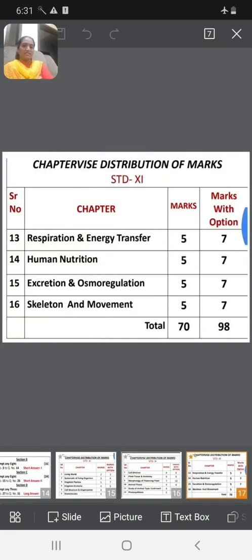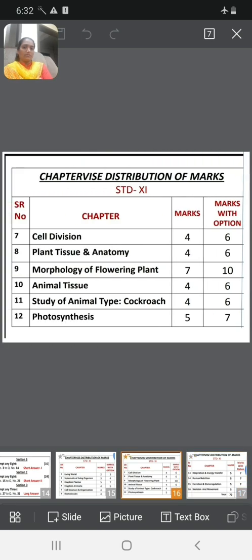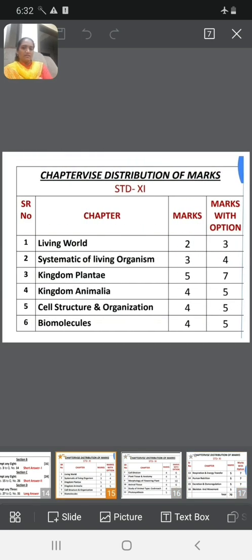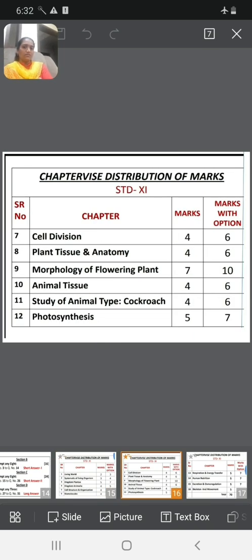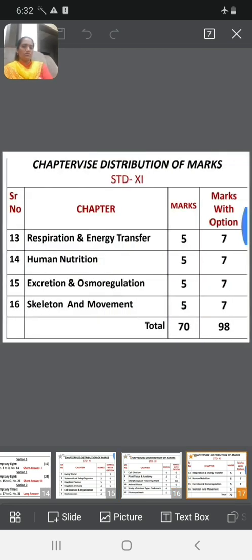The last chapter is Skeleton and Movement, 5 marks and with option 7 marks. I would like to repeat here, there are chapters 1 to 6, then 7 to 12, and the last 13 to 16, means total a 70 marks paper with options 98.